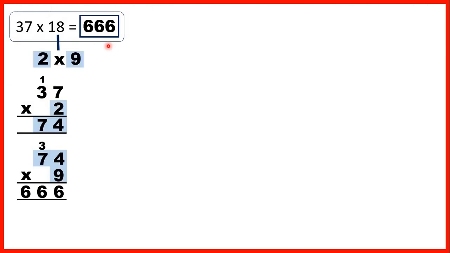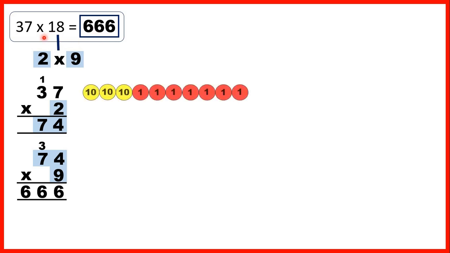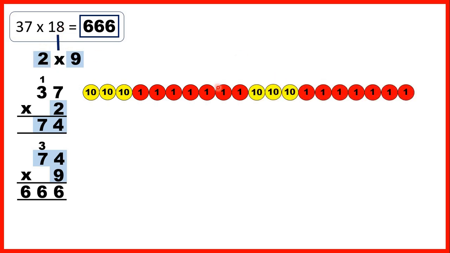To see the questions we did at the start, it works in the same sort of way. So we started with 37, so that's 3 tens and 7 ones, but rather than multiply by 18, we first multiplied by 2, so we can show what we have twice. If we regrouped the counters that we have here, that would give us 74. Then we took that 74 and multiplied it by 9.